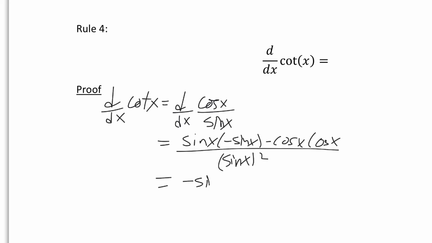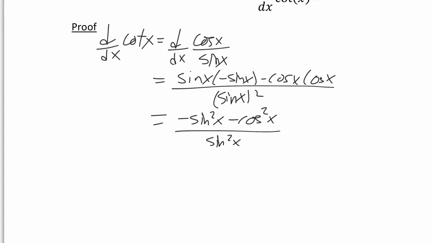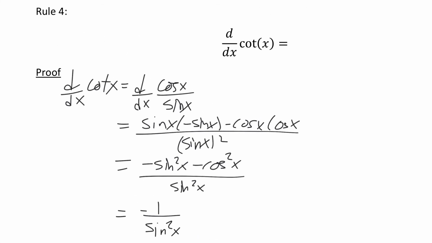So I'll get negative sine squared x minus cos squared x over sine squared x. Now if you have negative sine squared x, subtract cos squared x, that's going to give us a negative 1 using our identity. And 1 over sine squared we know is cosecant squared, so negative cosecant squared x. So we are close if we had guessed cosecant squared, but the answer is actually negative cosecant squared x.